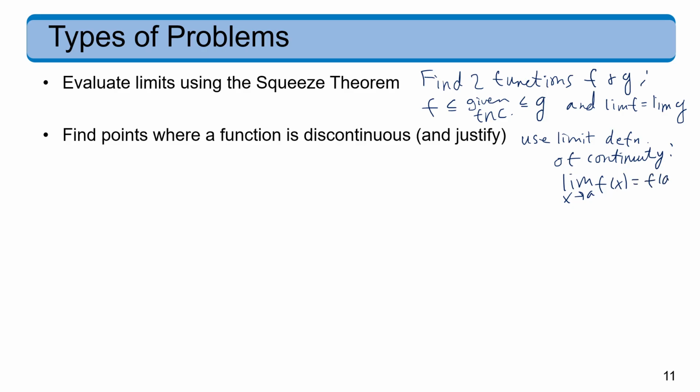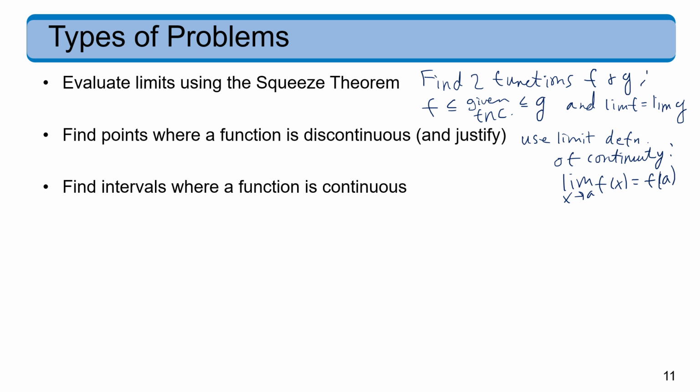If that's true at the point a, then f is continuous at a. So if you suspect it's discontinuous at some number, say a equals 3, then you need to prove that this definition fails for a equals 3, and that would prove you have a discontinuity there.